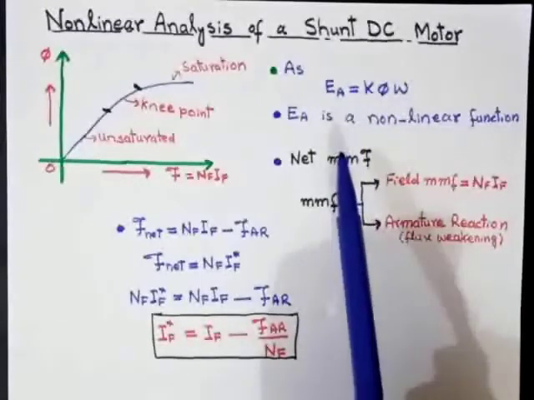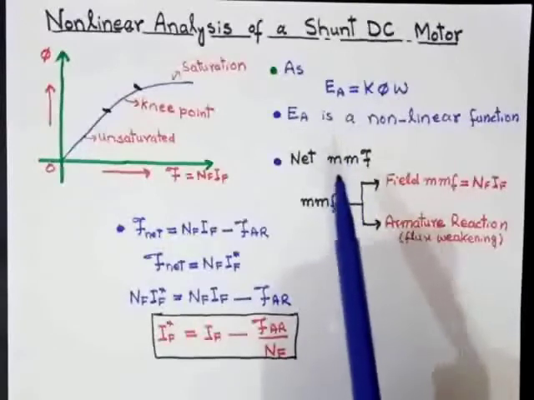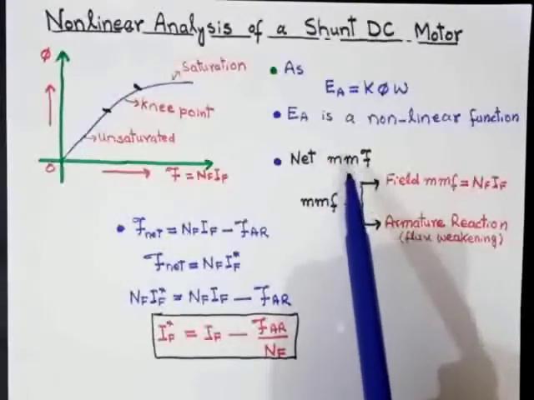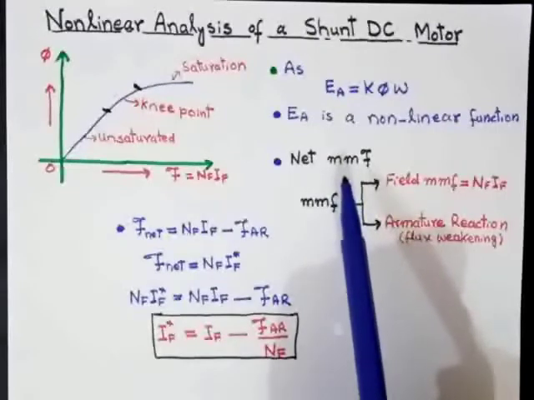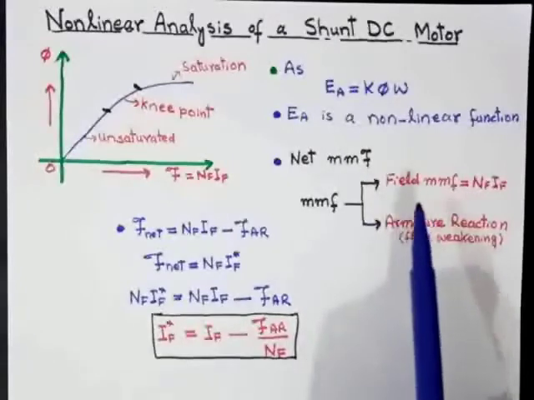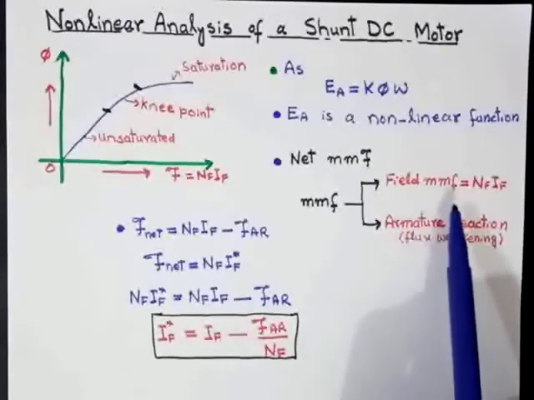Now the question is how magnetomotive force is produced in a DC motor. The first principal contributor of magnetomotive force is the field magnetomotive force.